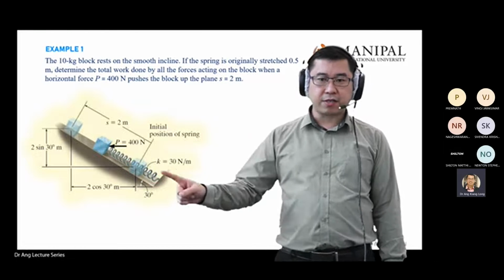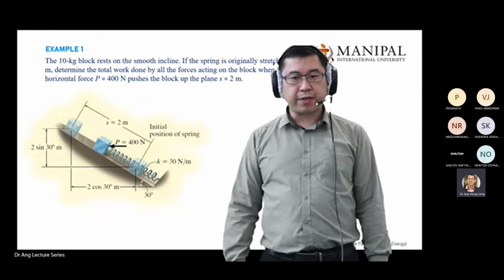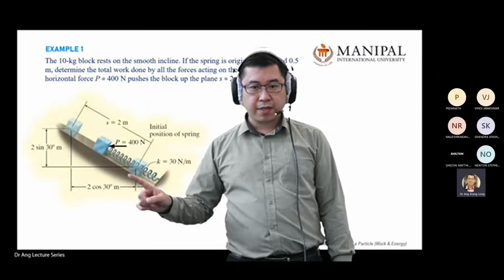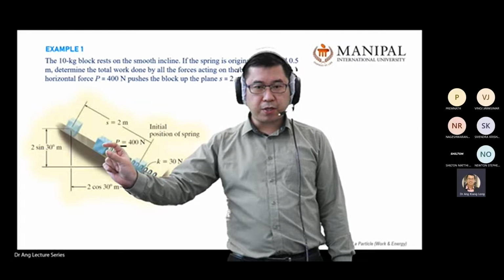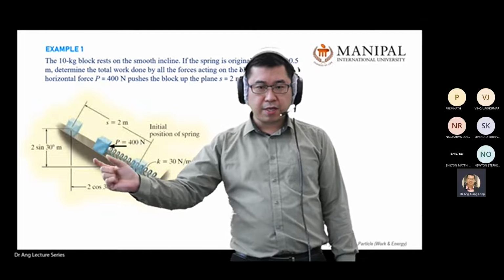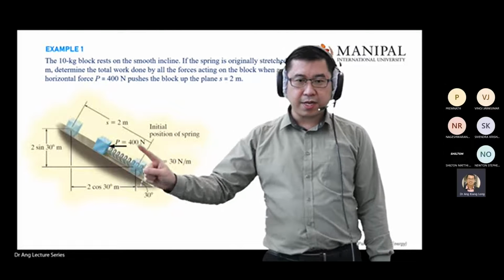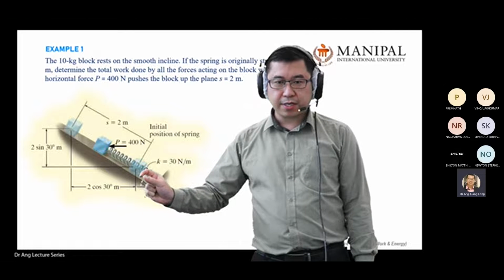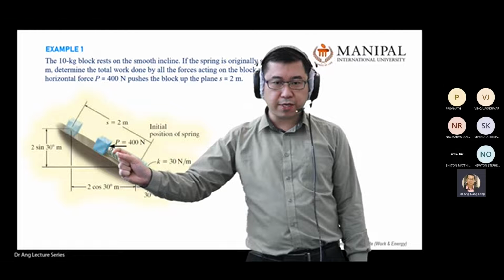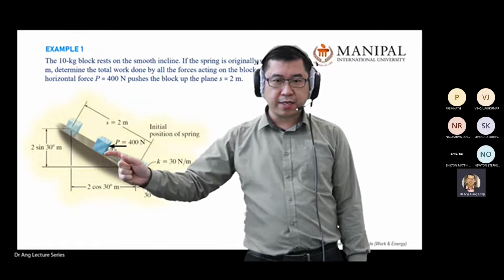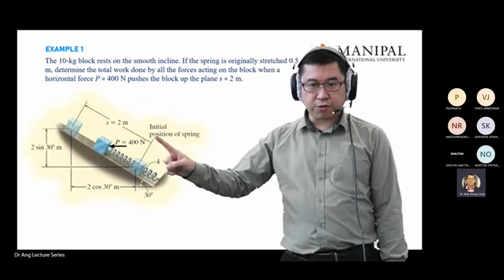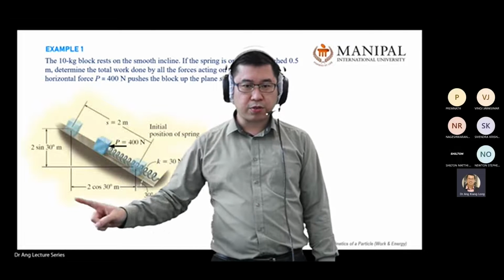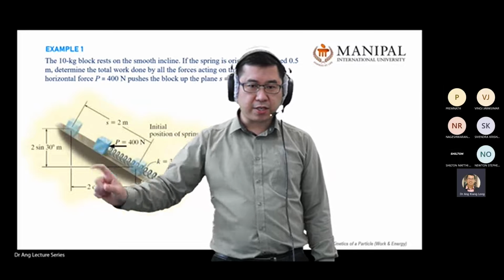Of course in the test this will change, but K will be given. You're given the distance. This spring was compressed and let go, so you get a displacement of 2 meters, and there's a change of y altitude.